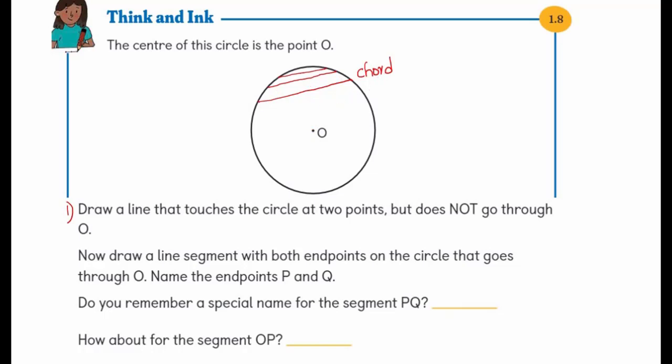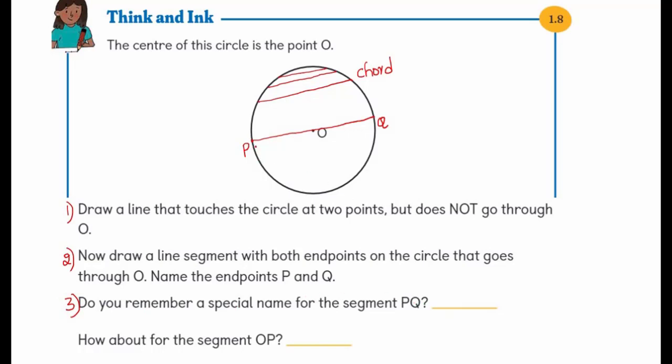Second one: draw a line segment with both endpoints on the circle that goes through O. Now we have to draw a line segment which passes through the center of the circle and touches the circle at 2 endpoints. We name those endpoints P and Q. Do you remember a special name for the segment PQ?